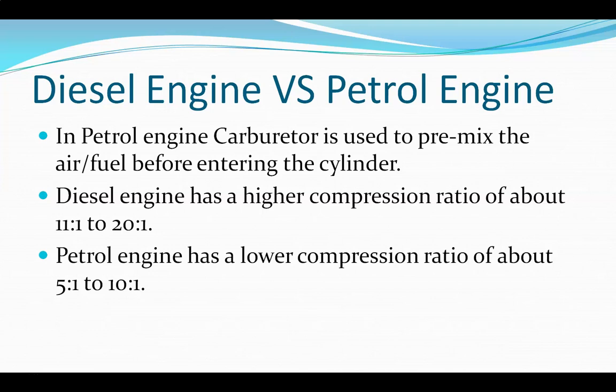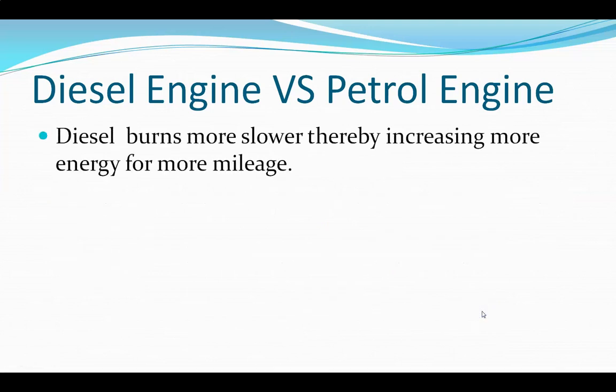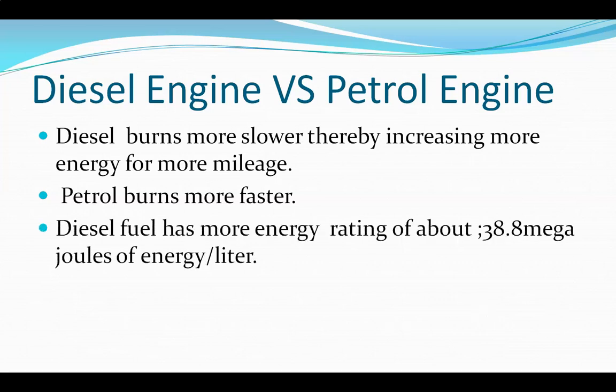But in a petrol engine, the fuel is in liquid form mixed with the air and very volatile, so it doesn't compress to that level before ignition occurs. So diesel engine has a higher compression ratio than petrol engine. Diesel burns more slowly, thereby yielding more energy for more mileage. Petrol burns faster. That is why I say it's more volatile.